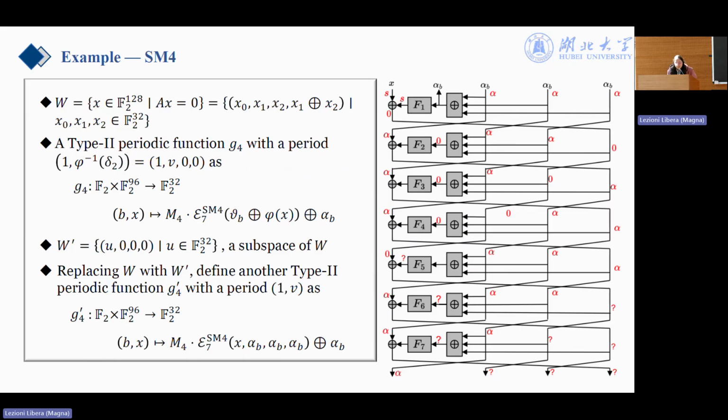We can take some examples. For the first case, the SM4 structure, we can find a 6-round truncated differential, and we can extend it.